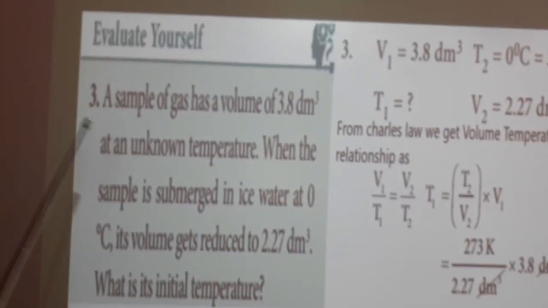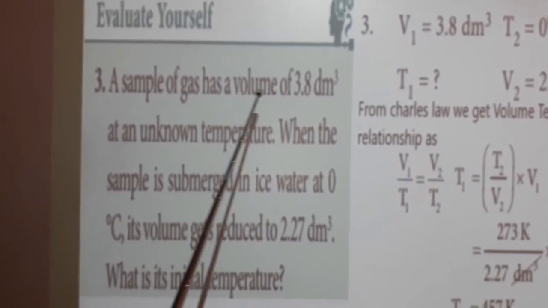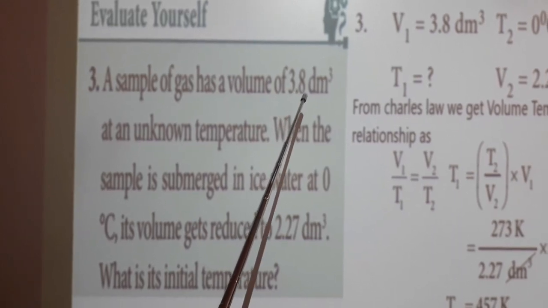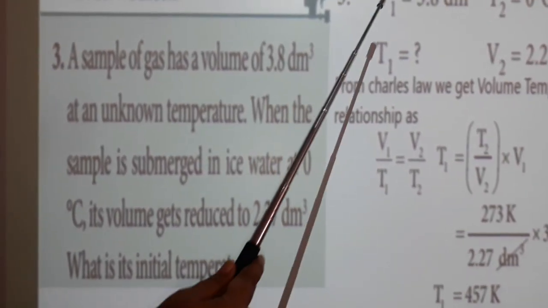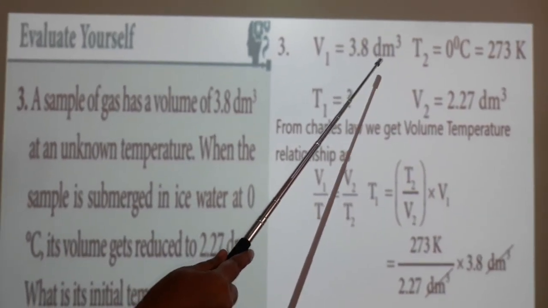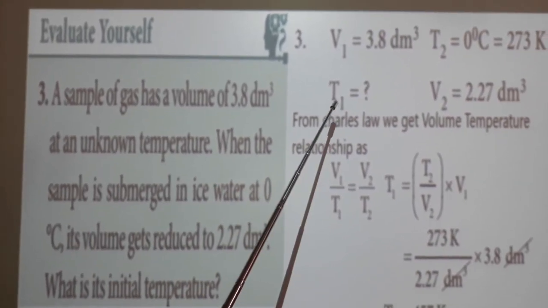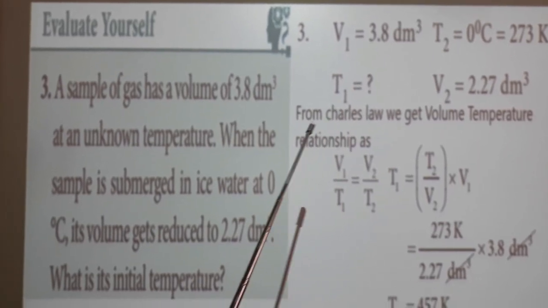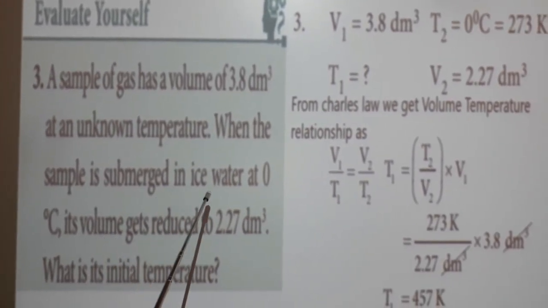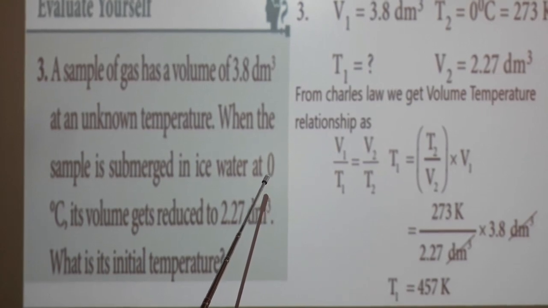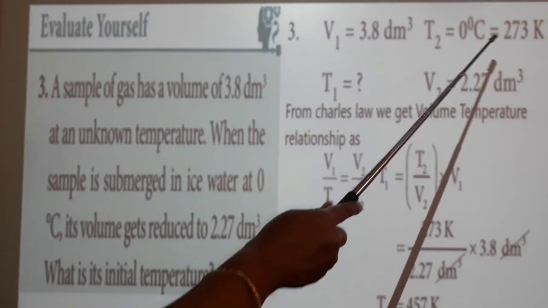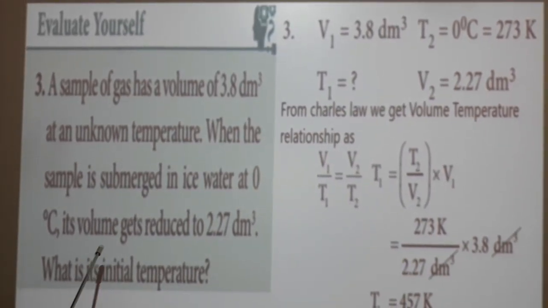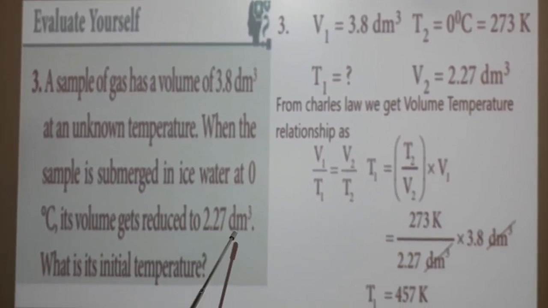Then evaluate 3. Here the sample of gas, the volume of gas is 3.8 decimeter cube at unknown temperature. So the volume of gas we know very well, V1 is equal to 3.8 decimeter cube, but unknown temperature means the T1 value we don't know, so put a question mark here. When the sample is submerged in ice water at 0 degree Celsius, we have to convert it to Kelvin. So 0 degree Celsius is 273 Kelvin, and the volume is reduced to 2.27 decimeter cube.